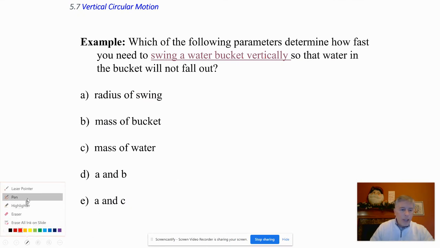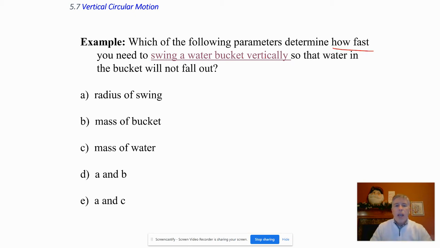If we were trying to look at what would affect how fast you need to spin that bucket so that water does not fall out, normally when I think of this, I would say everything: the masses of the bucket, water, radius, and everything. But if you've paid attention to my other notes on circular motion, you'll notice that the mass often cancels from the equation. So it'll be interesting to see if that's still the case.